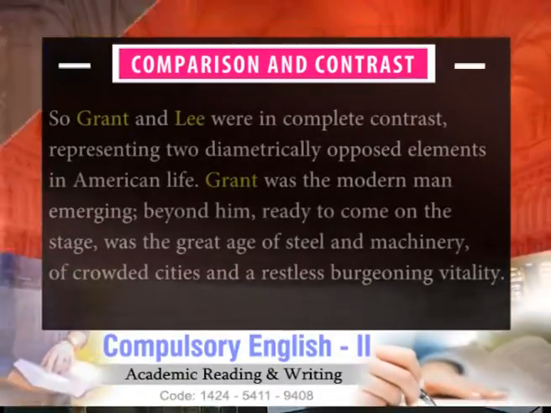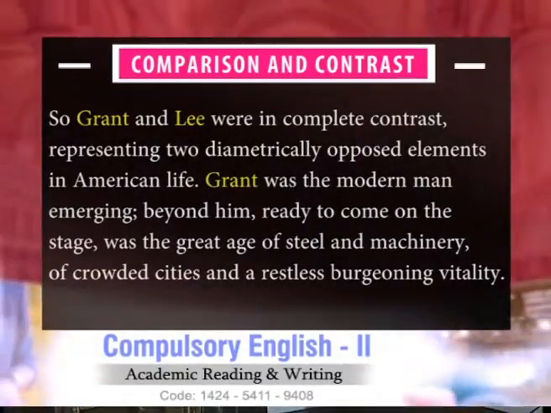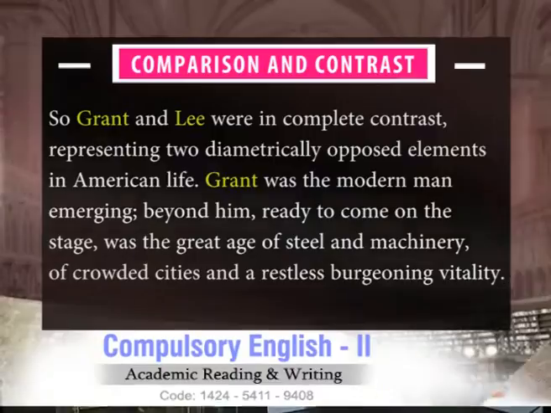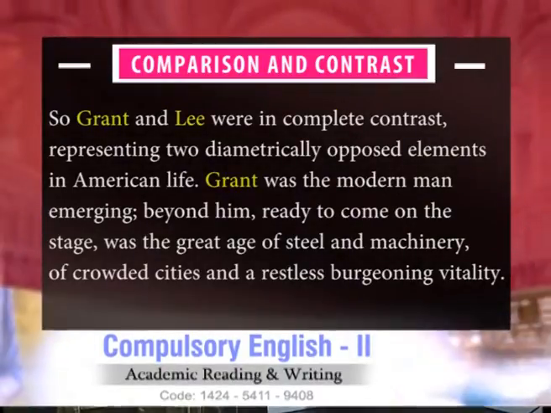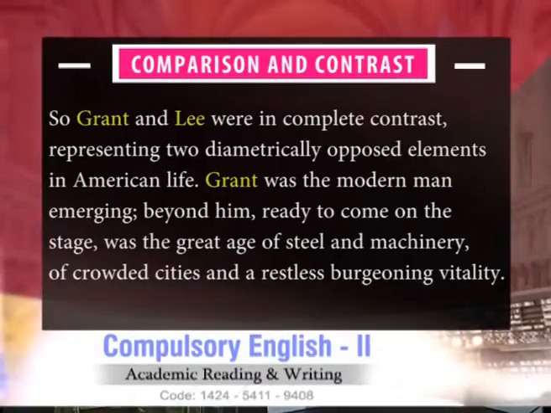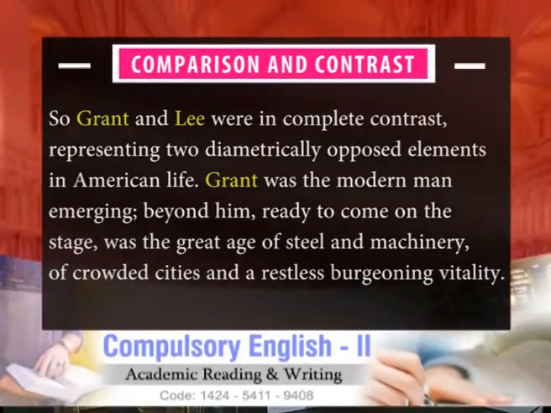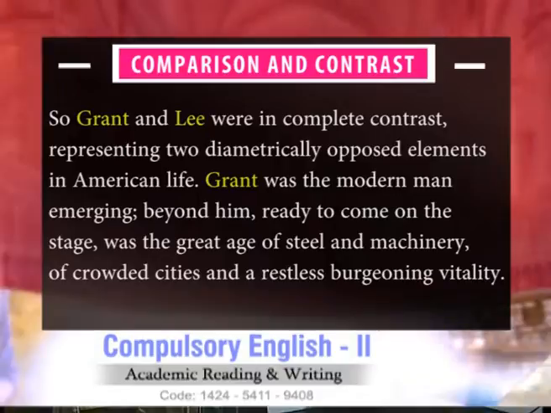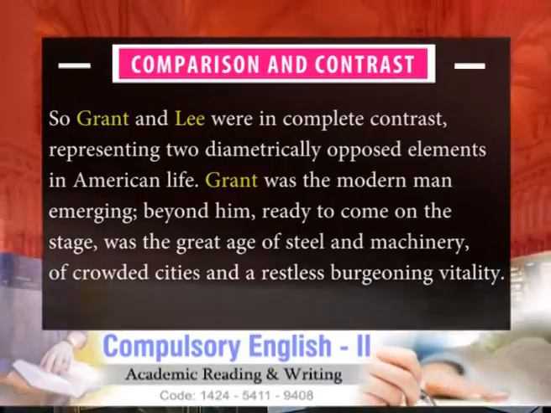There is this paragraph on your screen which says, "So Grant and Lee were in complete contrast, representing two diametrically opposed elements in American life. Grant was the modern age emerging.